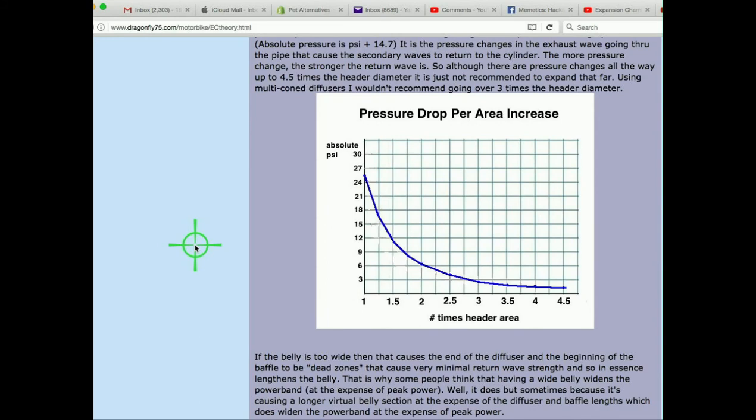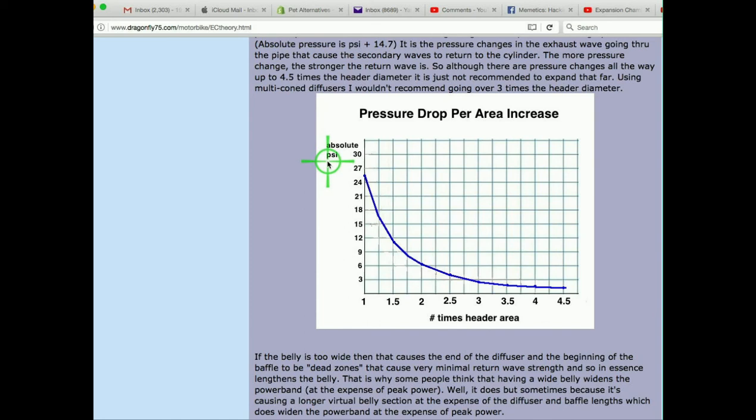Something that I covered on this page also was the effect of the belly being so much larger than the header. This graph right here shows an absolute PSI, which is normal pressure plus 14.7. The 0 PSI that we can see on a gauge is not really 0.